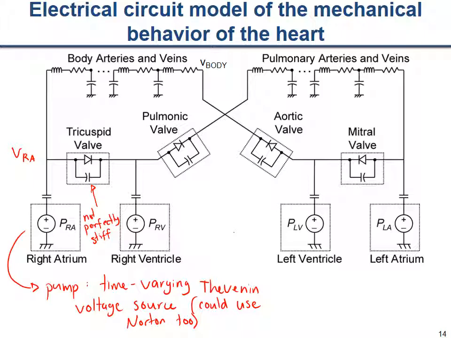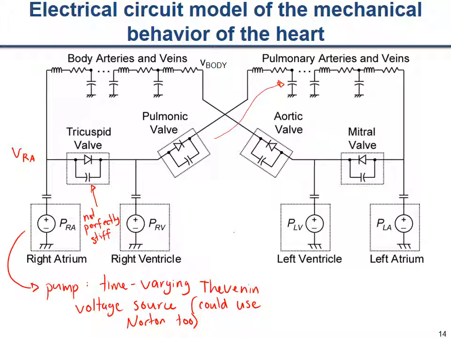Similarly, the right ventricle then starts to pump. When its voltage starts to go up and exceeds the diode rating of the pulmonic valve, that pushes current through the pulmonary arteries, which are really distributed transmission lines. We can model them as maybe some series inductance, series resistance with some shunt capacitance, that will effectively slow down the rate of flow of blood given the characteristics of this transmission line.